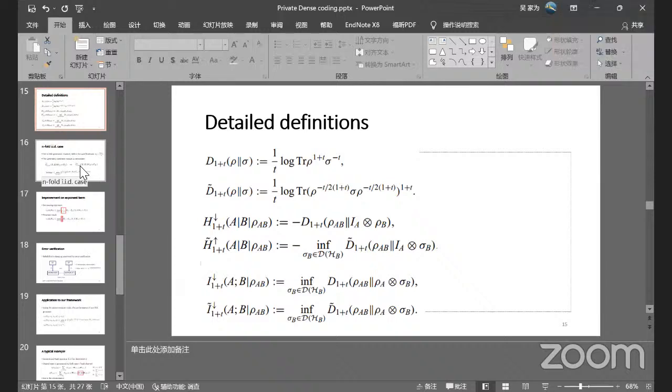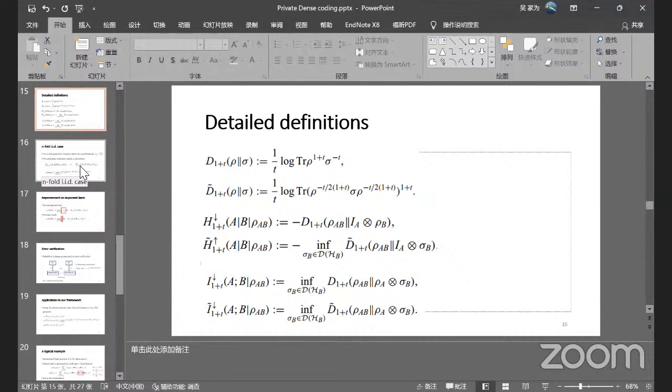Because you restrict the encoding operation to a coherent group, a unitary group.